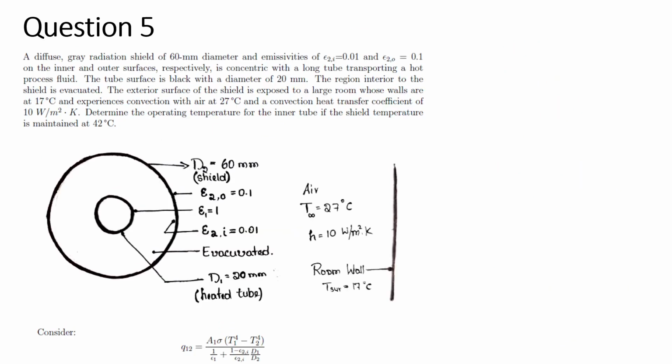Over here, we are having convection mode of heat transfer also, and then we have been asked to find whatever has been asked. So try to read this question. I will solve this in a couple of minutes.